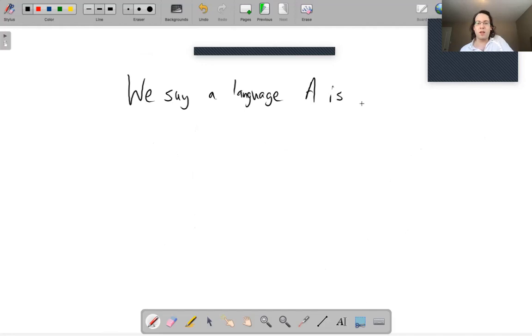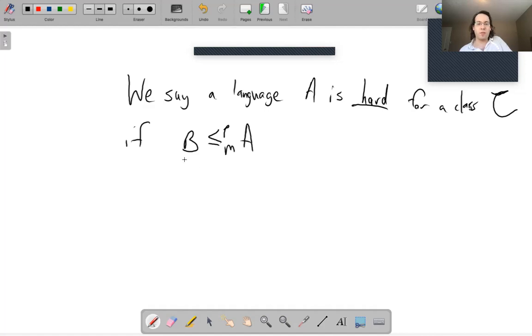Okay, so now we can define: we say that a language A is hard for a class C, where this is a script C, if there's a polynomial time reduction from B to A for every language B in the class.